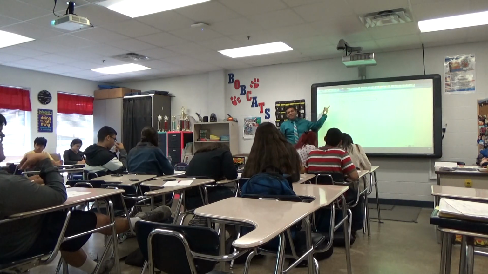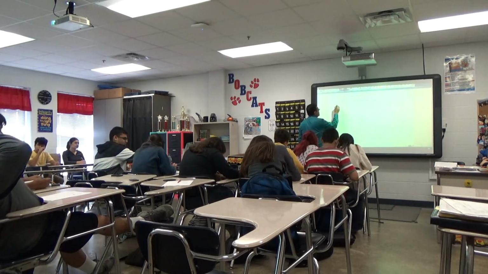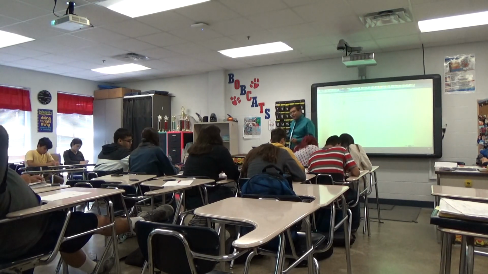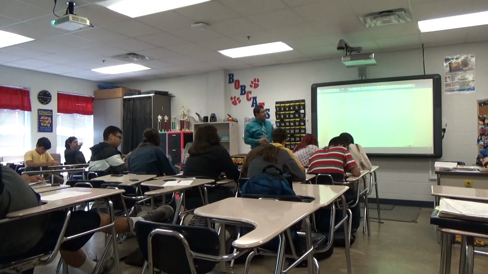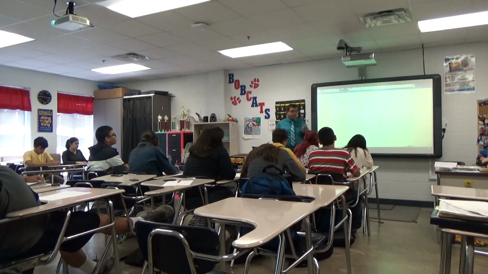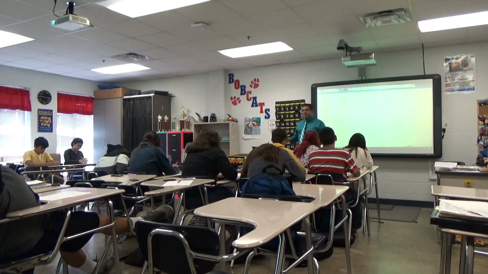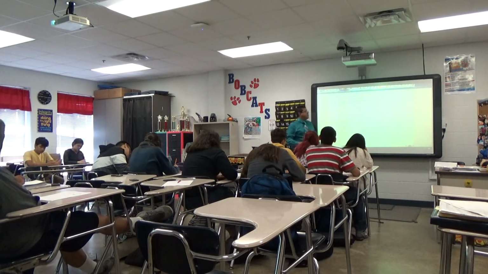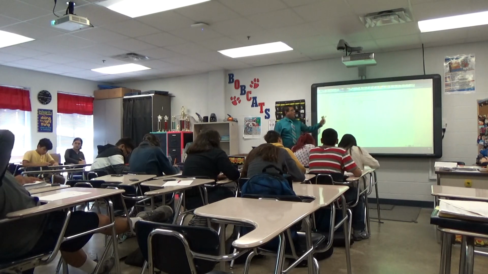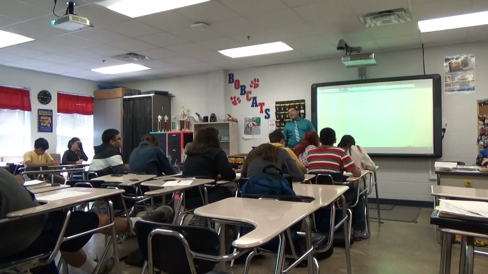What is the coefficient of 5n? 5. So I have 5, 4, and 10. What is the least common multiple for 5, 4, and 10? 20. Yes. What else am I missing from the denominator part? You have to multiply by the n, right?